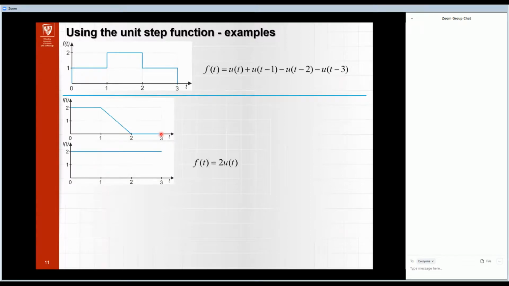And now this is the function f2 multiplied by the unit step function. So as a result, we obtain such functions.